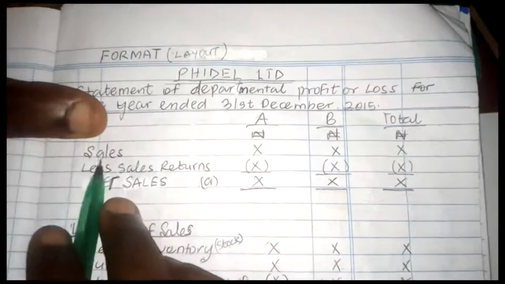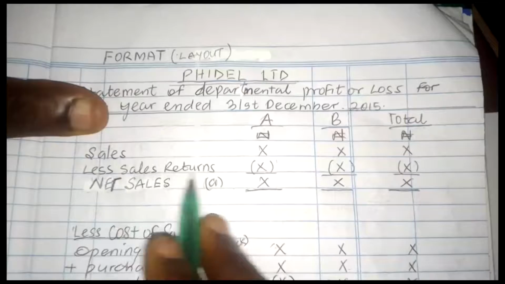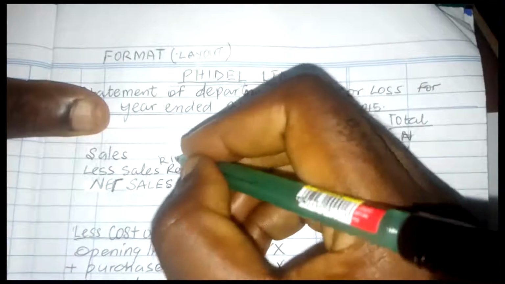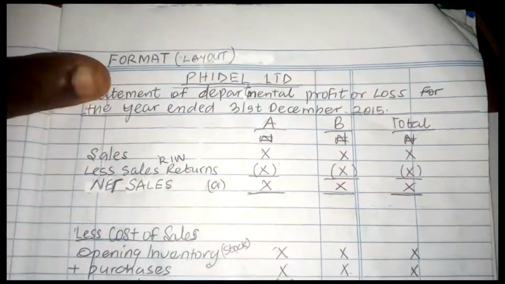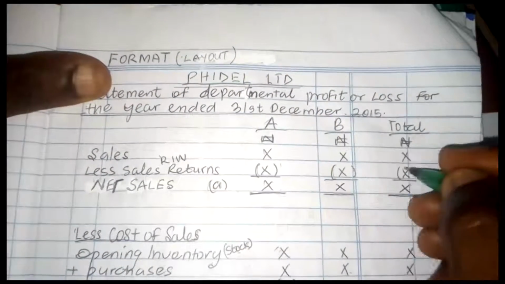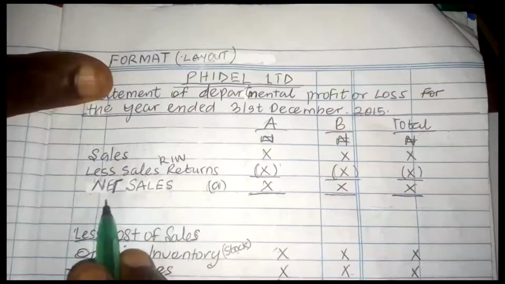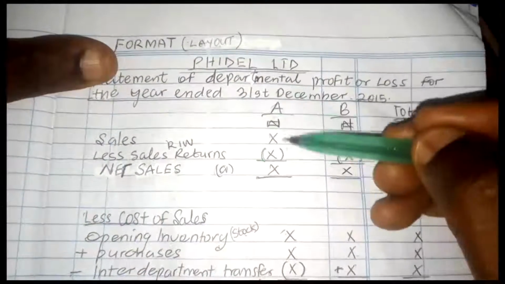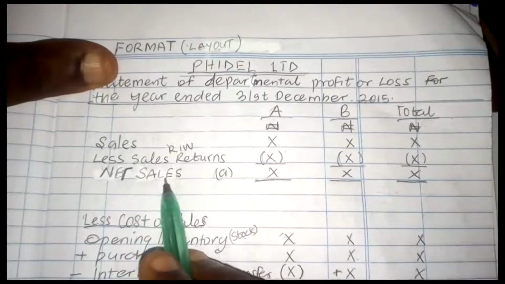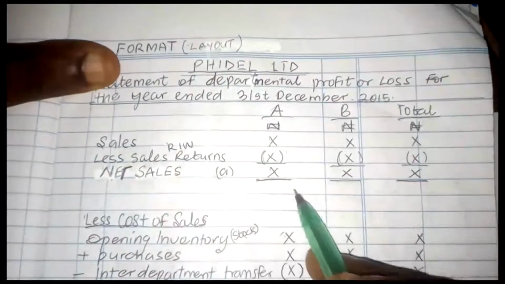We have your sales, written accordingly, then less sales return. Another name for sales return is return inward. Brackets in accounting means to subtract. I told you, it means subtraction. Then the difference is called the net sales.